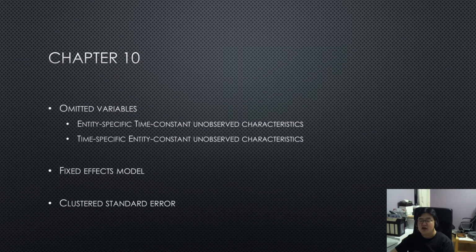And chapter 10. Chapter 9 was skipped, so we go to chapter 10. Chapter 10 is about panel data. Panel data has an entity dimension and a time dimension. So you observe many countries over time.